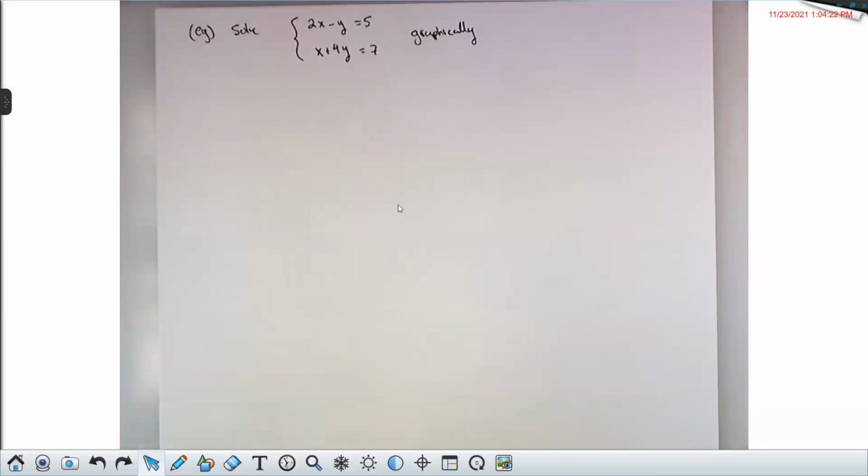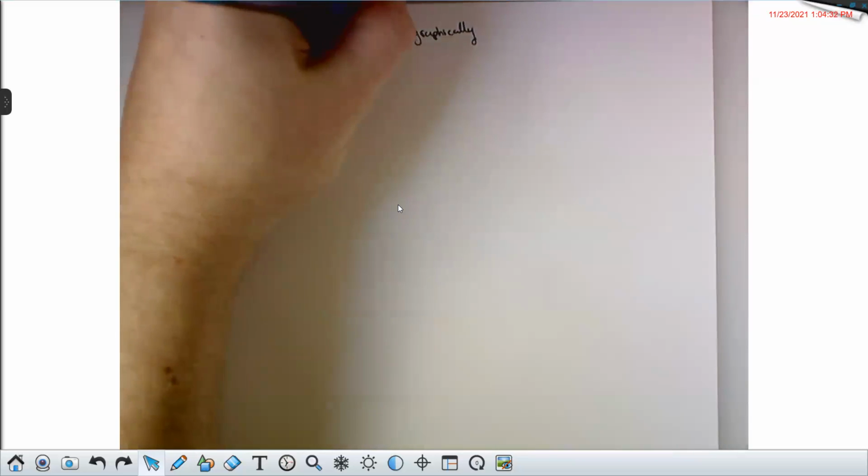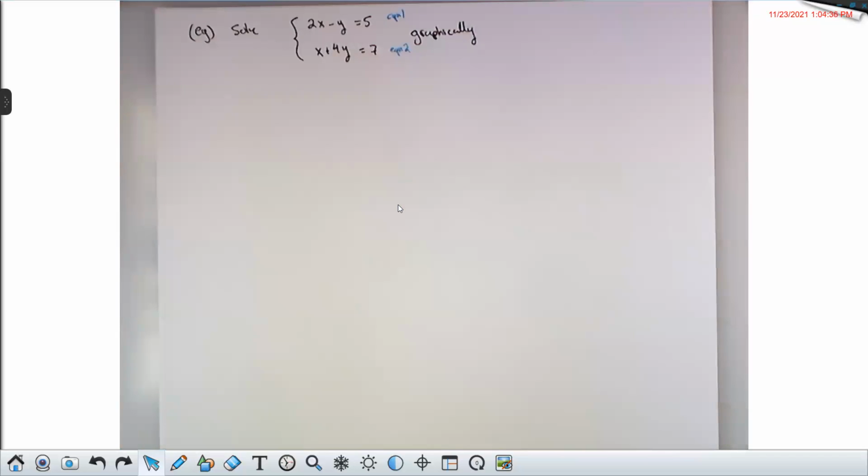Both of them are linear equations with two variables, so both of them have a graph which is a straight line. Let me call this first one equation 1, and the second one equation 2. That way I've got names for them, and I can refer back to them if I need to.